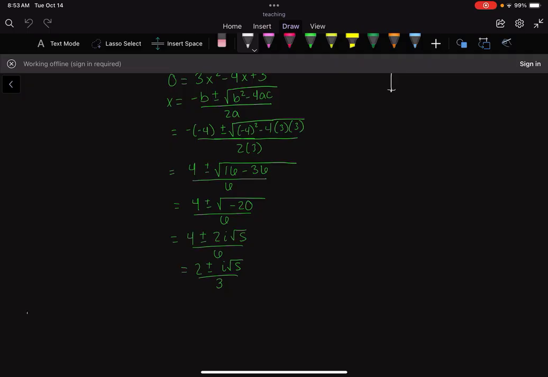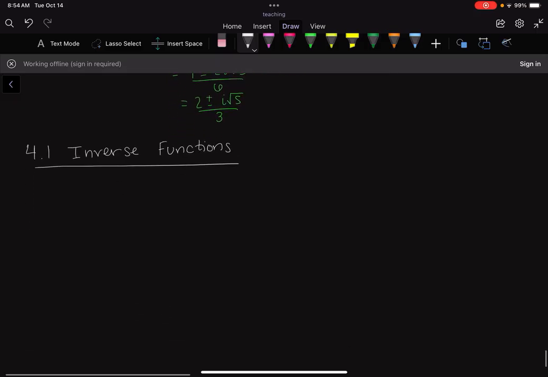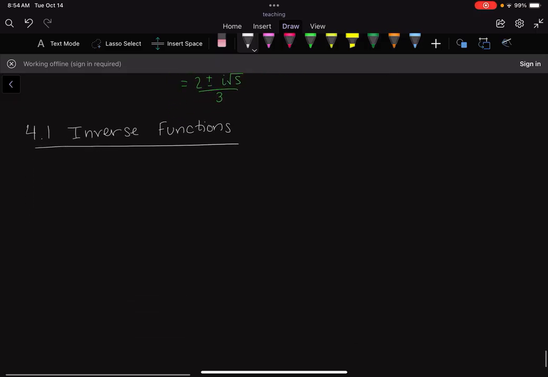So this one is going to be 4.1, which is inverse functions. So first, when we talk about an inverse function, basically we switch the x's and the y's and it'll make a new function.